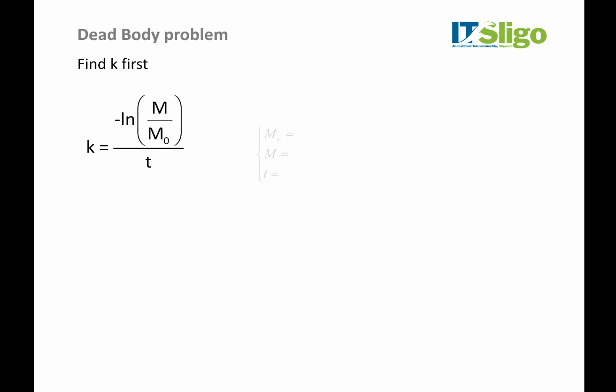We need to find K, with M0 19, M 13, and this all happened in 135 minutes, 2 hours and 2.25 hours. But bring everything to minutes, guys, for accuracy.